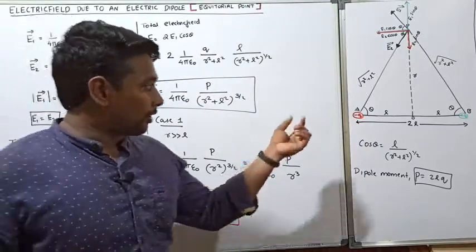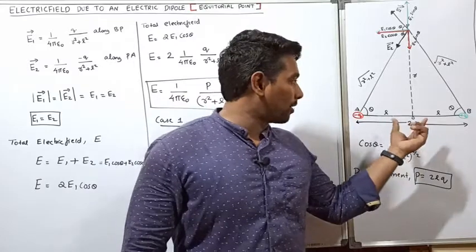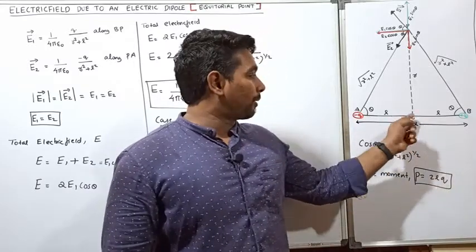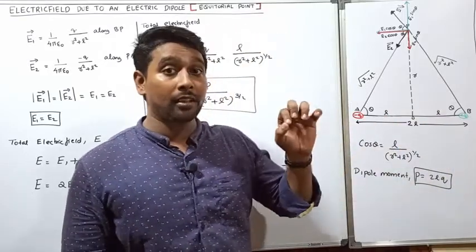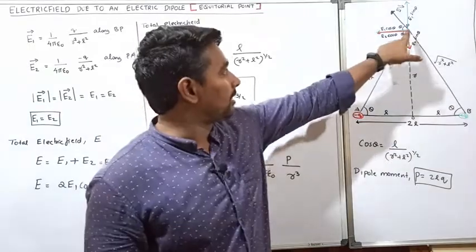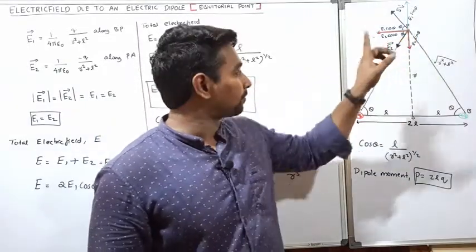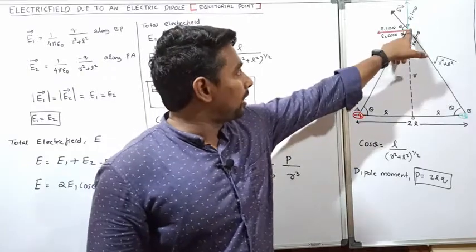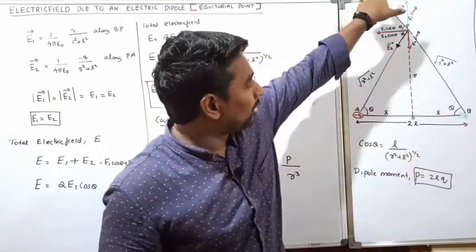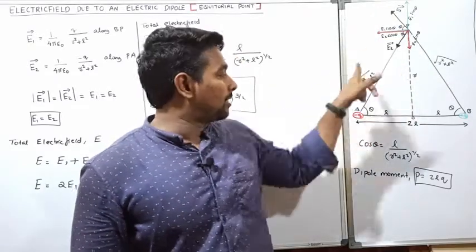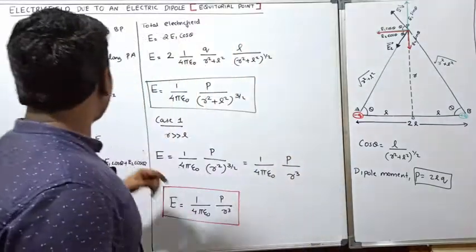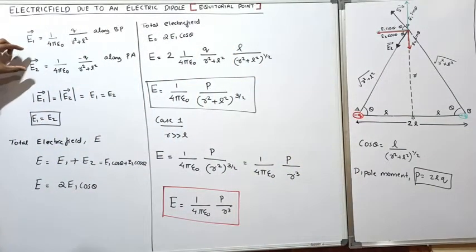For finding the electric field due to an electric dipole, what are the things you have to do? First of all, you have to consider an electric dipole with minus q and plus q separated by a distance 2l. From the center O, this distance will be L and this distance will be L. You are going to find the electric field at the equatorial point, so we consider the equatorial point P. Then we found the electric field due to the positive charge in the outward direction, and for the minus q we draw it in the inward direction since it is a negative charge. We found the electric fields due to these two individual charges, vector E1 and vector E2, and found that their magnitudes are equal, that means E1 is equal to E2.